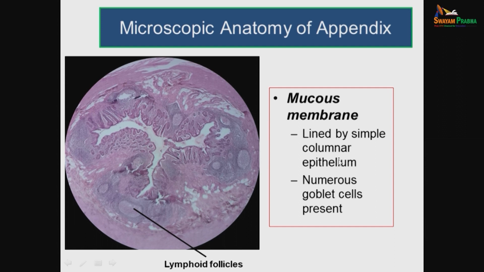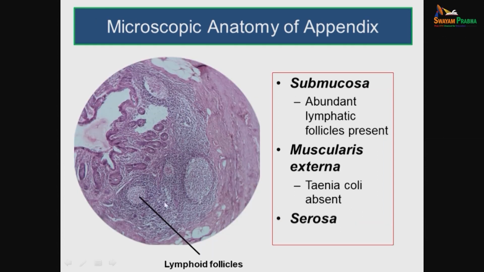But just like in the large intestine, numerous goblet cells are present in the simple columnar epithelium. In the submucosa, many lymphoid follicles are present, which are the hallmark feature of the vermiform appendix, much more than in the rest of the large intestine.